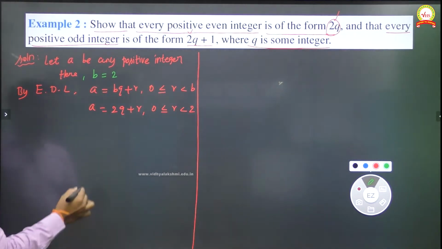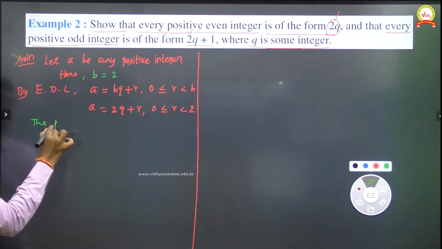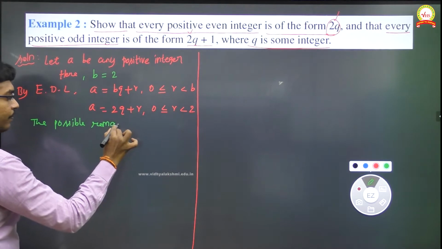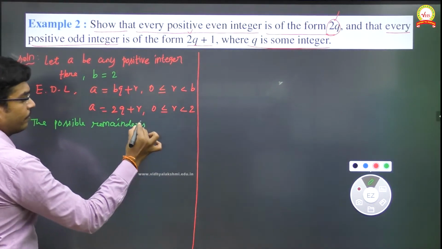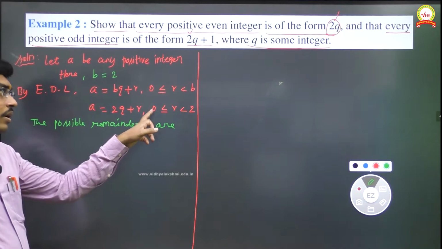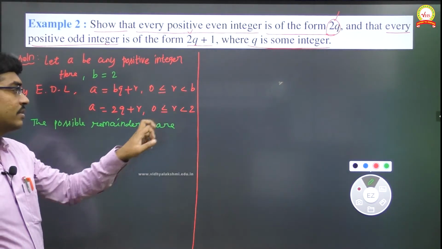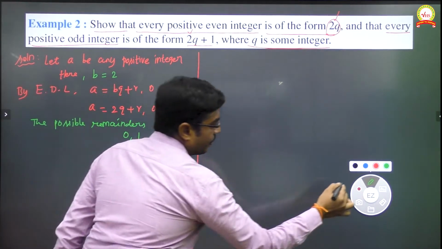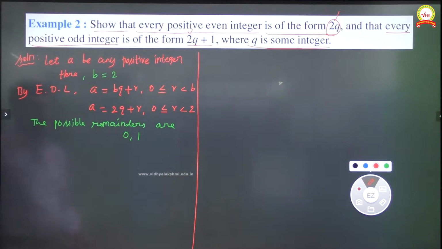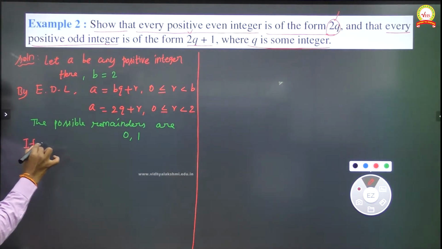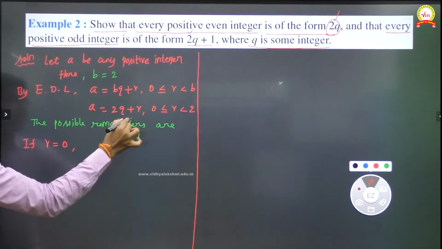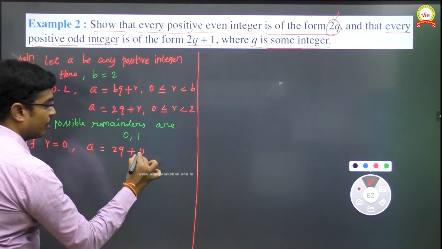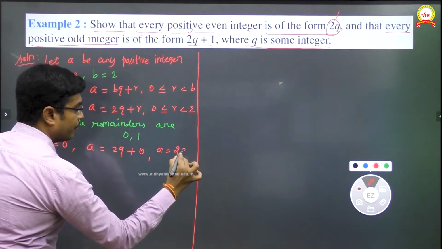Next, the possible remainders: 0 less than or equal to remainder less than 2. So what is the possible remainder? 0 and 1 only. Next I substitute here: if remainder equal to 0, then a equal to 2q plus 0, so a equal to 2q.